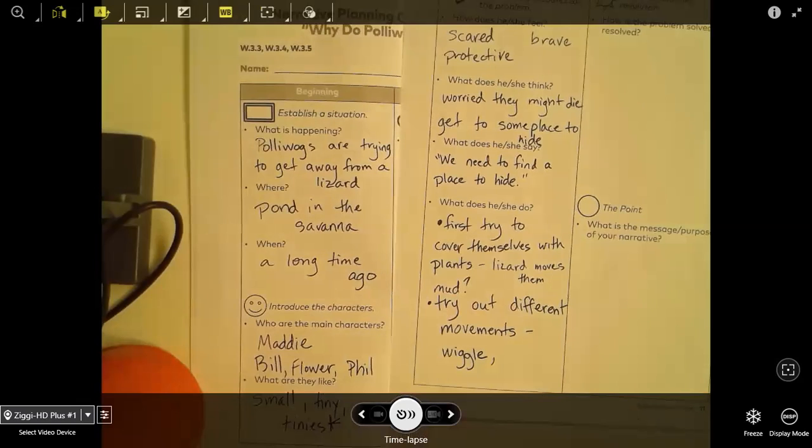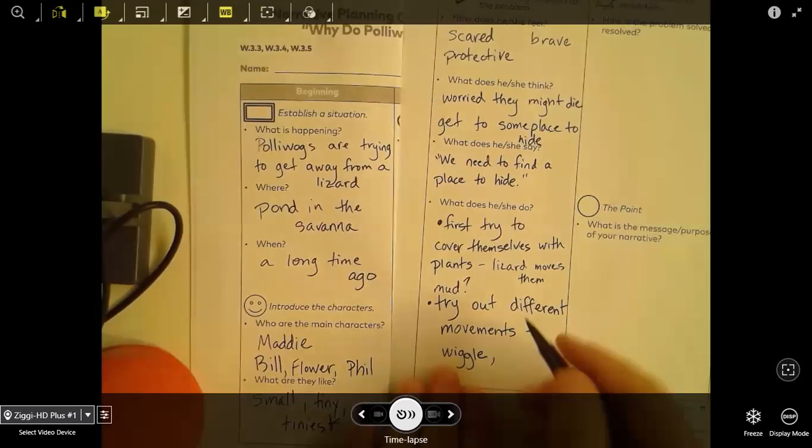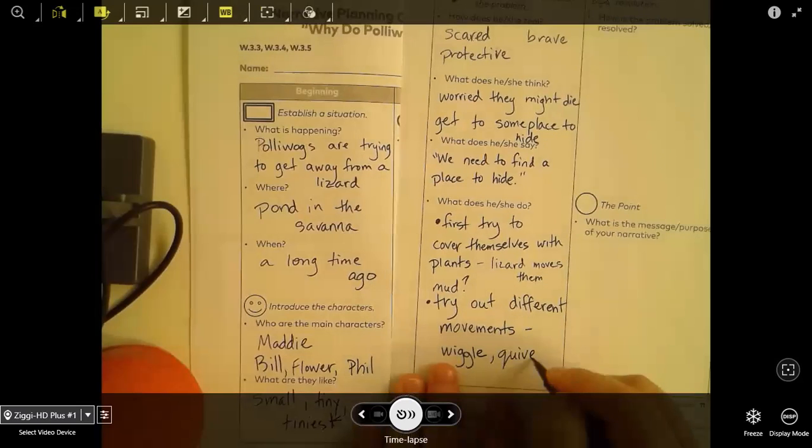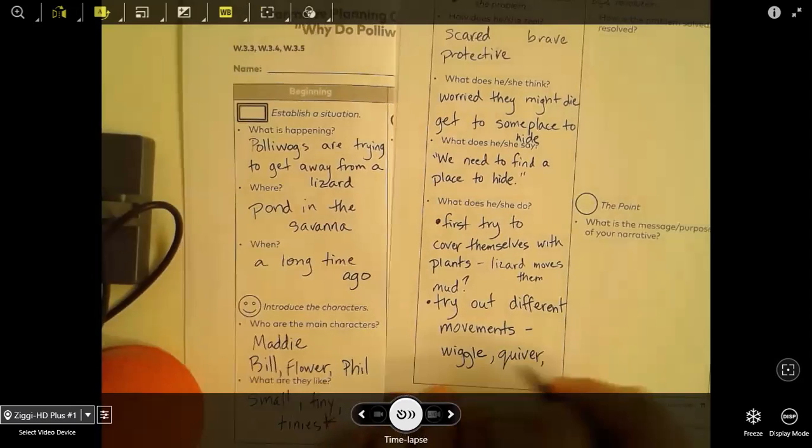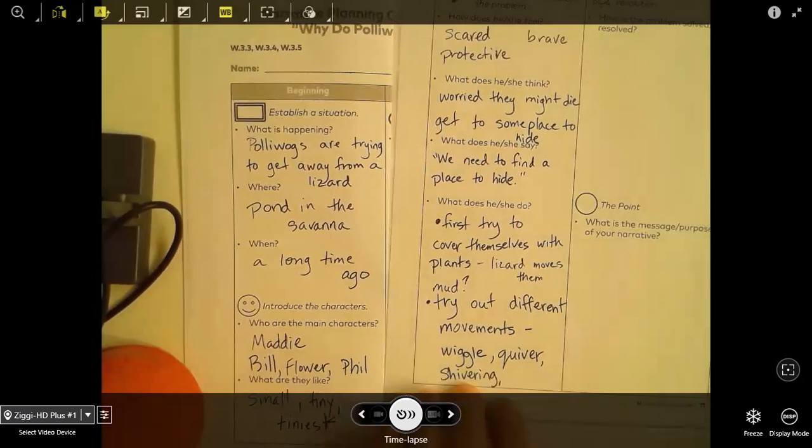You're on the right track, Haley, but what were some of those other movements that they did in the poem? Quiver. Can you get very far if you're quivering? Can you get very far if you're shivering? I think the wiggle and what else did they do?